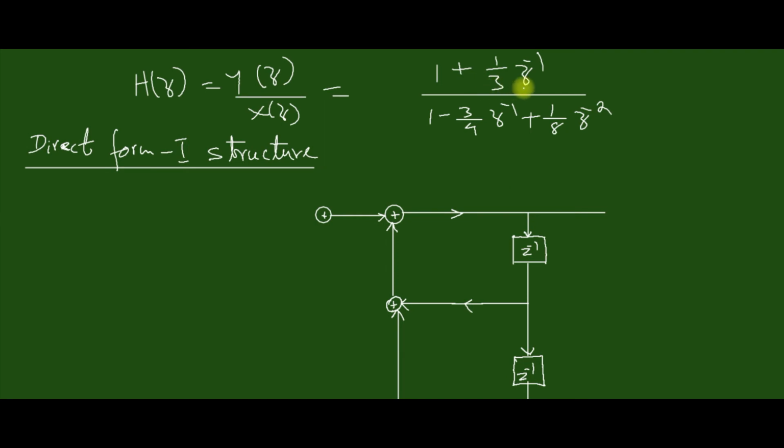Now the numerator side. On the numerator side, or the b coefficients, we have only one delay, which can also be drawn at this position. Then we can connect.